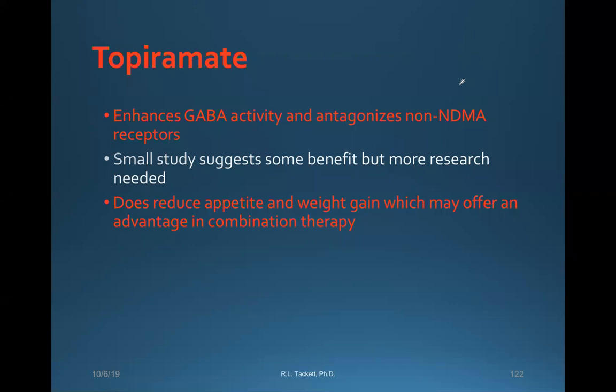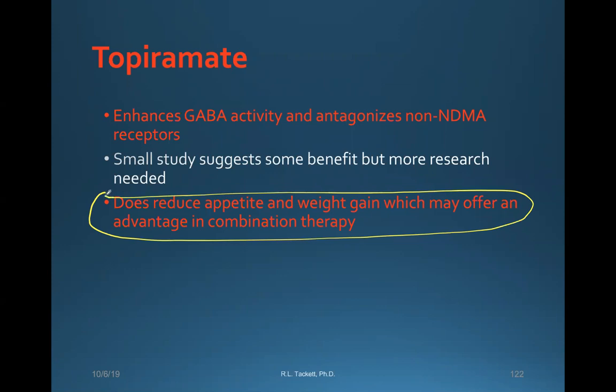One of the big reasons topiramate is used gets down to this third point here. Weight gain is a big issue with these other anticonvulsants, and one of the things we find is people add topiramate in, and that helps reduce the weight gain.